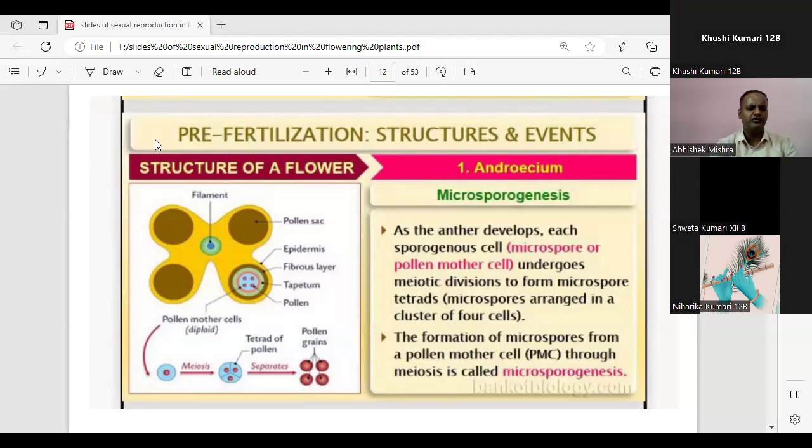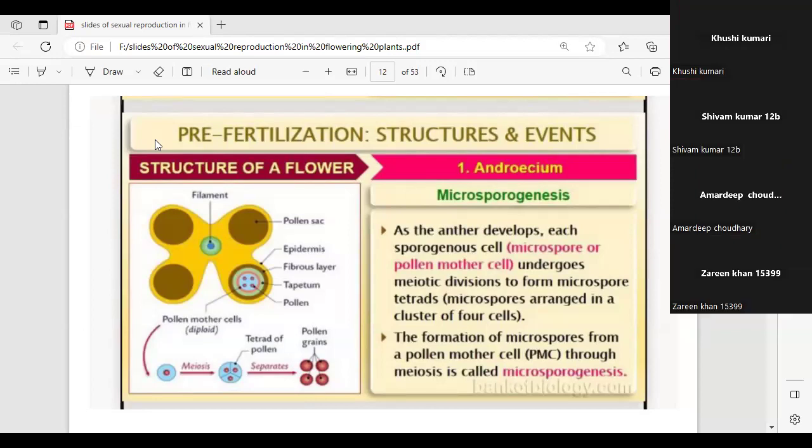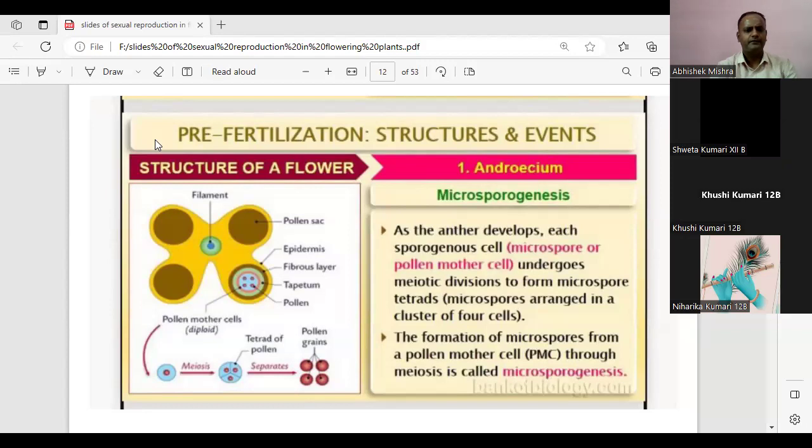Next question is for Shivam. Shivam, unmute yourself. Shivam, why is the exine hard? Due to the presence of which chemical?